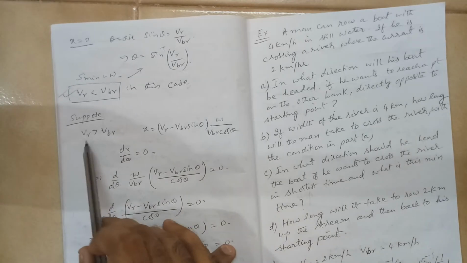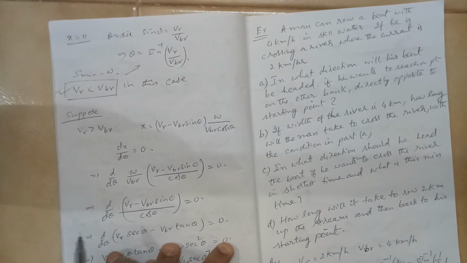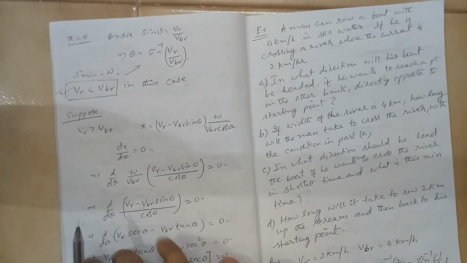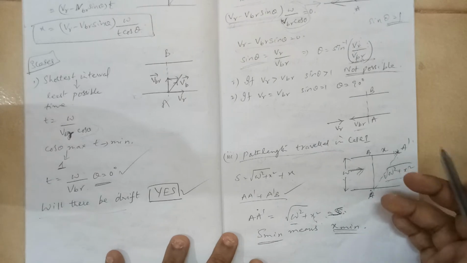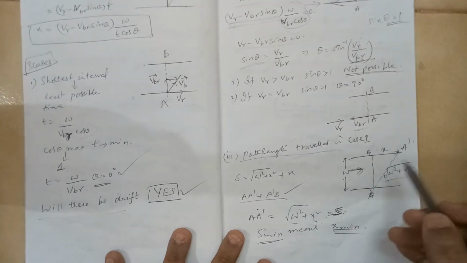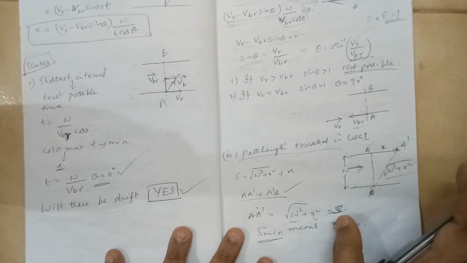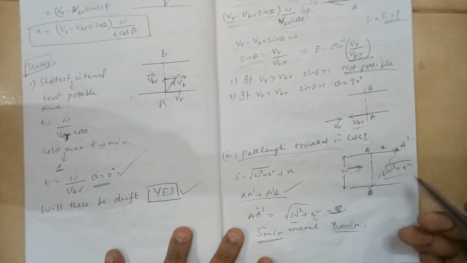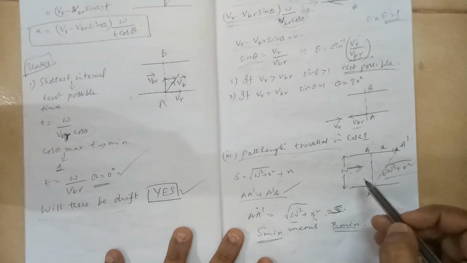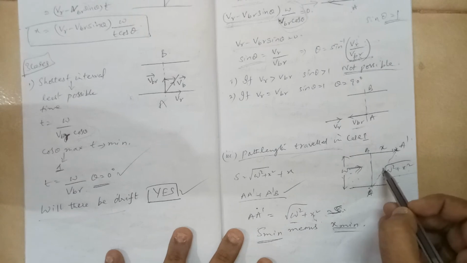Suppose VR is greater than VBR, then what will happen? See, if you apply practical knowledge, even this river has got some speed. Let us say VBR is more than VR. VBR is, let us say, 4 km and this river speed is 2 km. Even then there will be some drift.